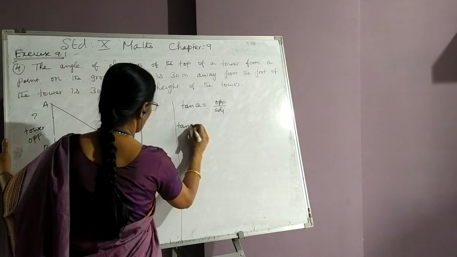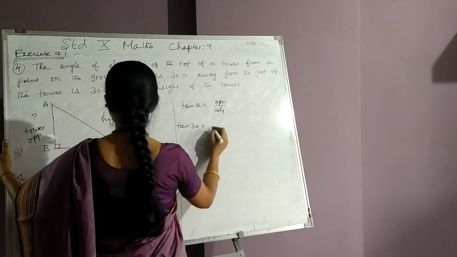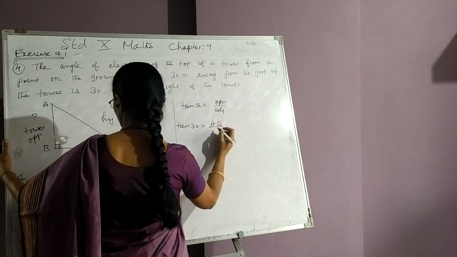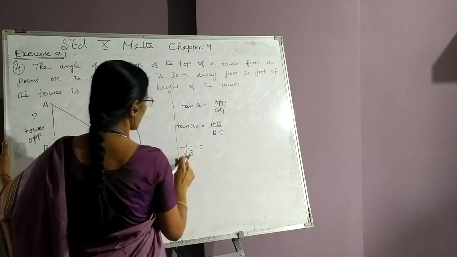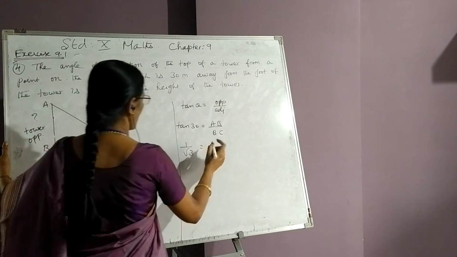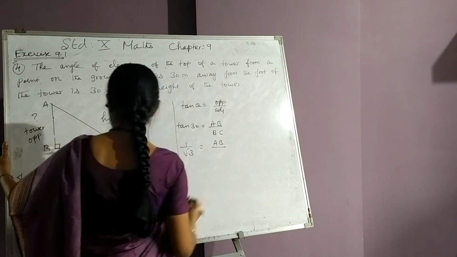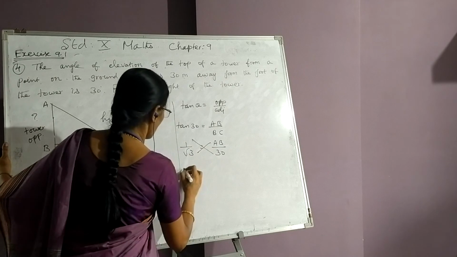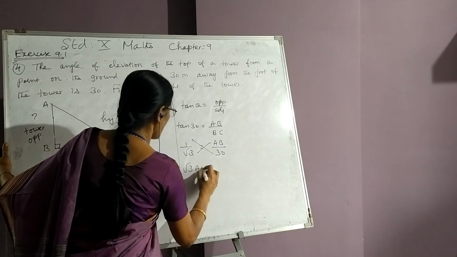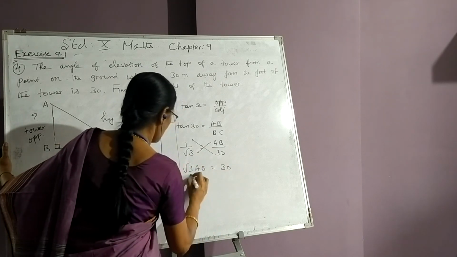Tan theta, theta is here 30. Opposite is AB. Adjacent is BC. Tan 30 value from the table, it is 1 upon root 3. AB we are finding and BC is given 30. Cross multiplying, we get root 3 AB is equal to 30.